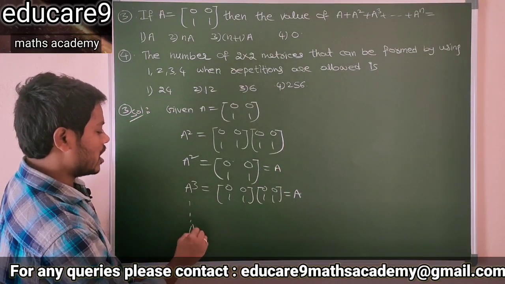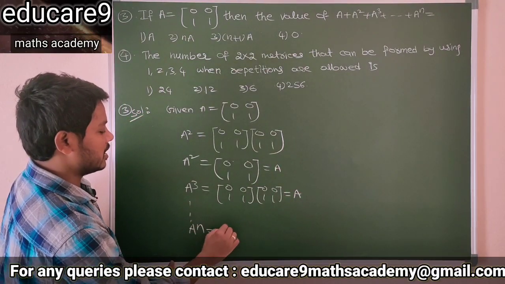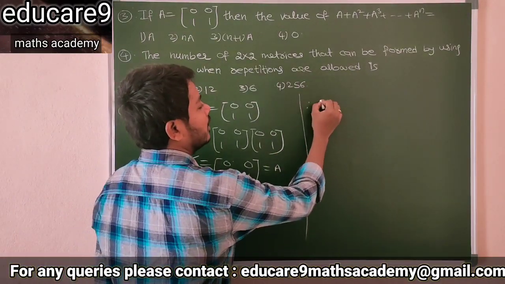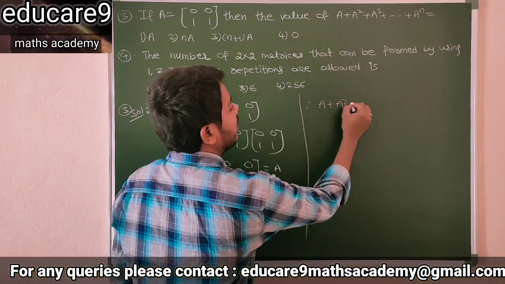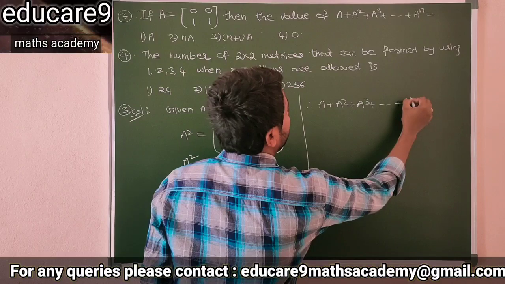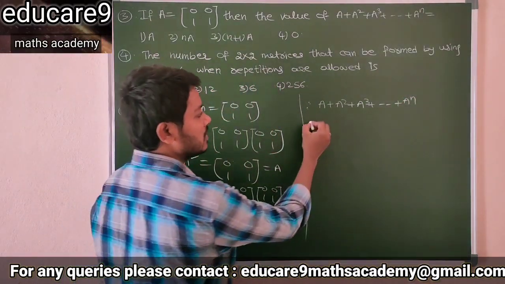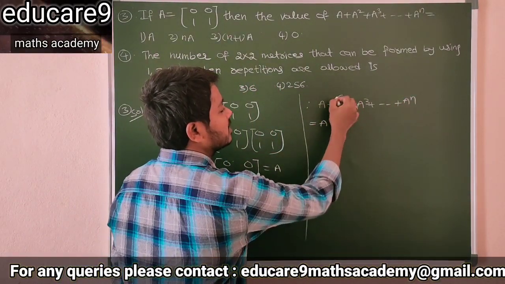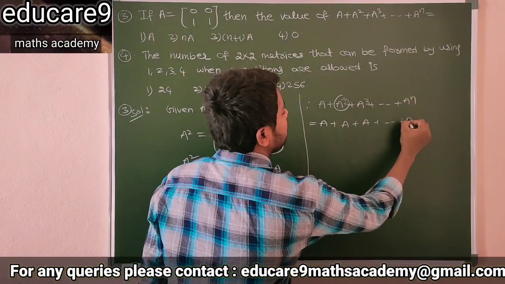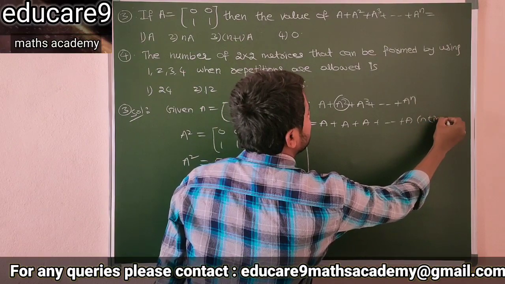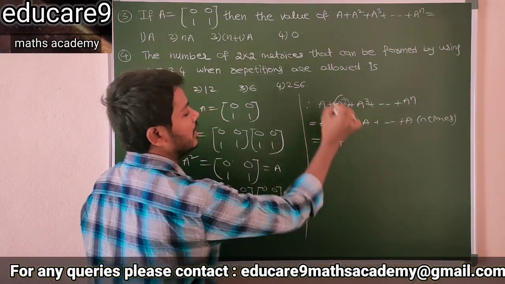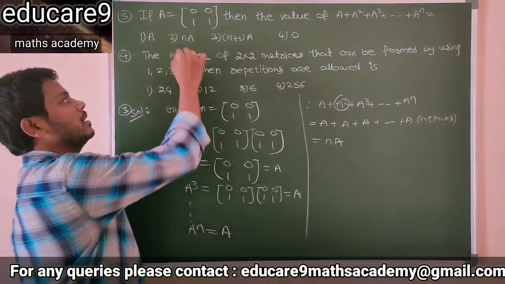Therefore, and so on, A power n is also A. So therefore A plus A square plus A cube and so on up to A power n is A plus A plus, and so on, n times A. So clearly this is equal to nA. So clearly option 2.